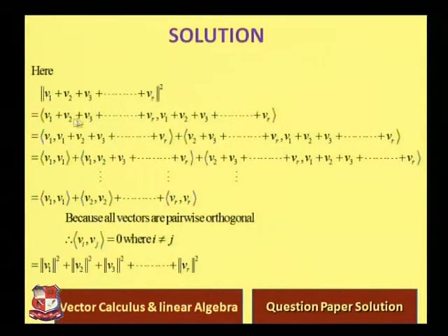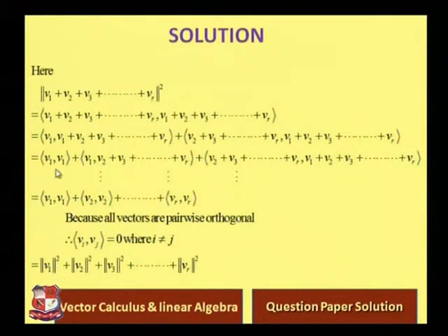Now using the inner product property, we write v1, and then the second term is taken on the right as it is, v1 + v2 + v3 plus vr. Once again we apply this property: v1 with v1, plus v1 with v2, and so on.